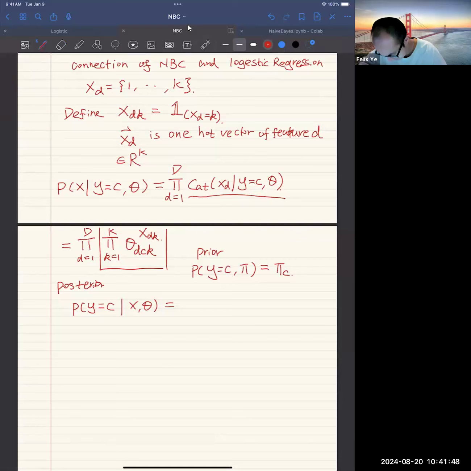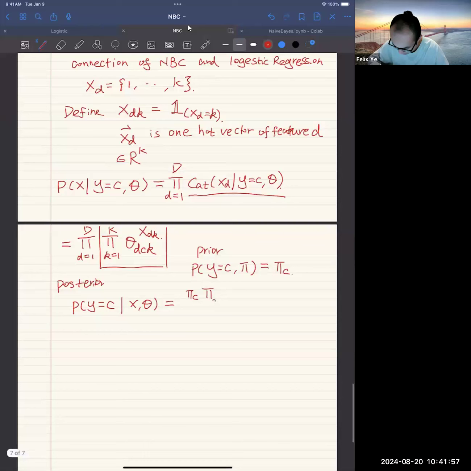So this posterior distribution is pi_c times the product over d, product over k of theta_dck to the power of x_dk, divided by the normalization over all possible c prime of pi_c prime.